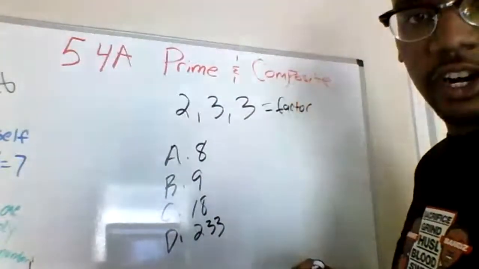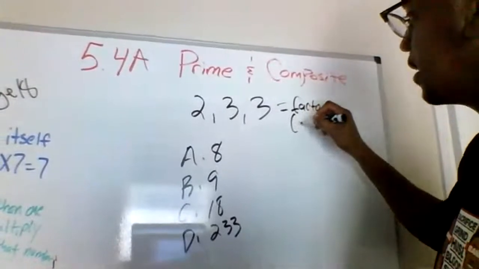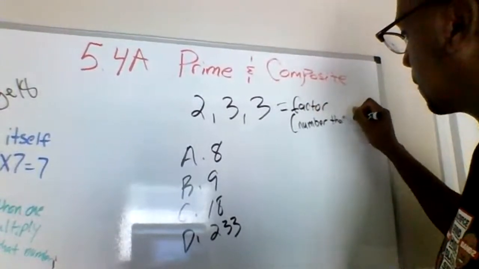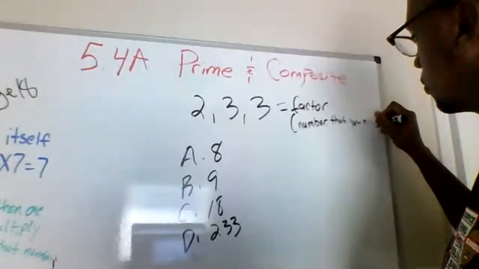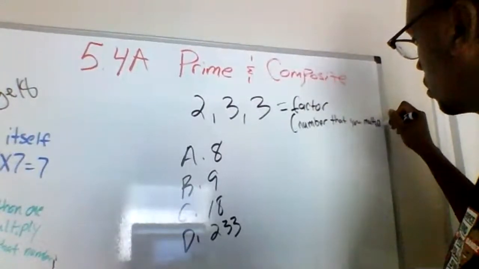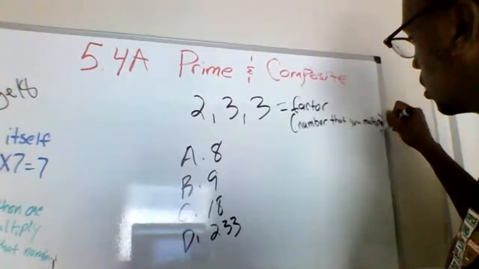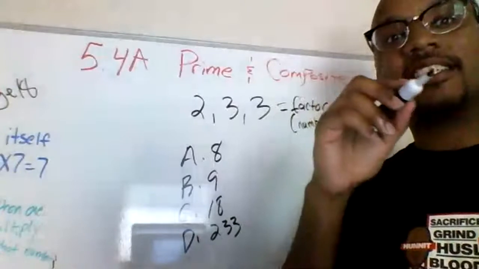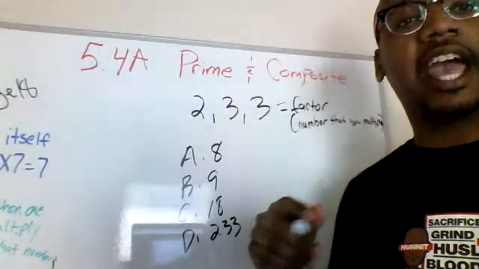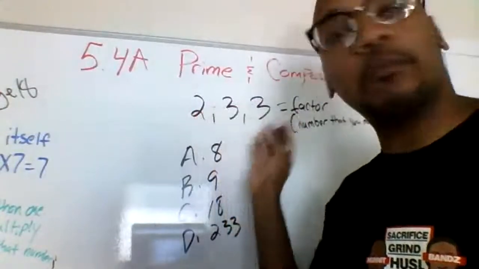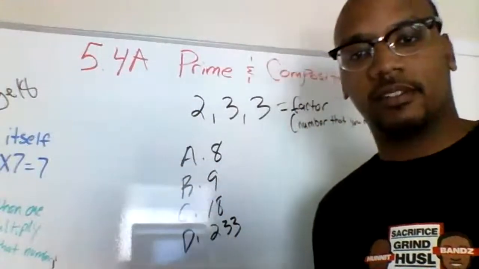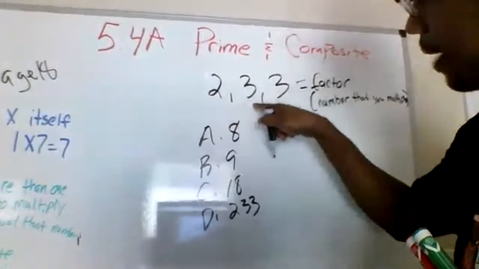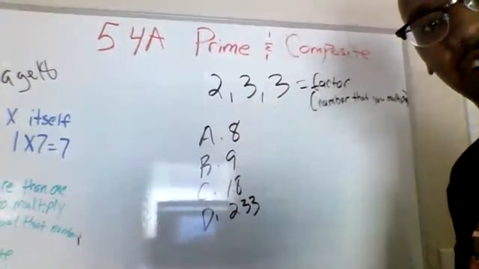A factor is a number that you multiply. So, which one of these has these numbers as factors? Which one of these can I multiply these numbers to get the answer? So, all I have to do is multiply these numbers and it's going to tell me which one it is.